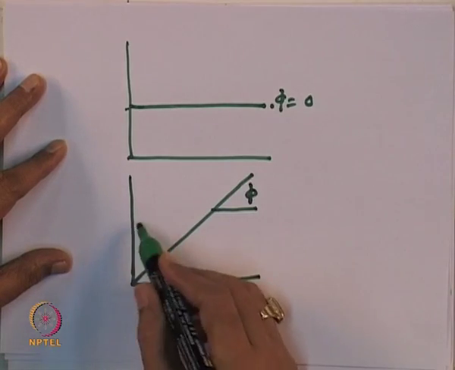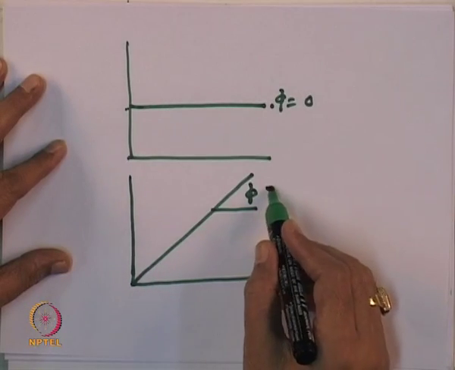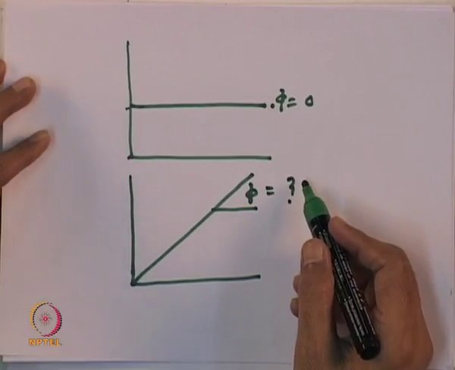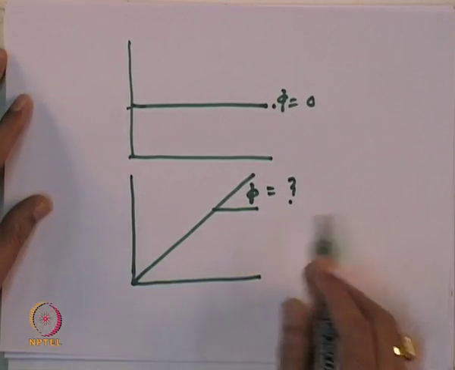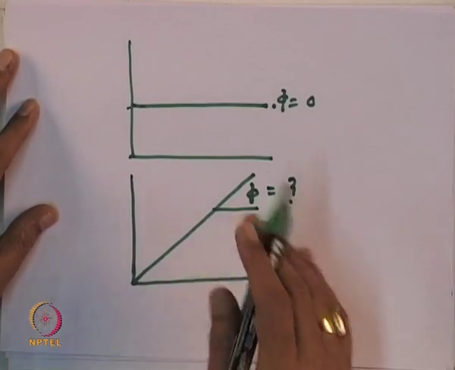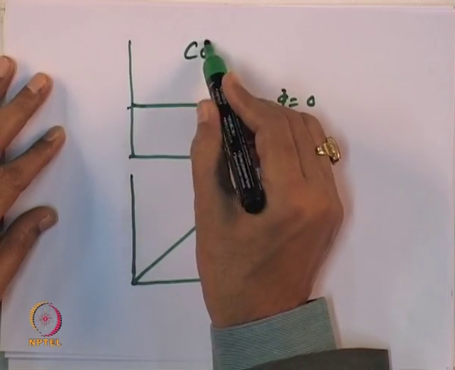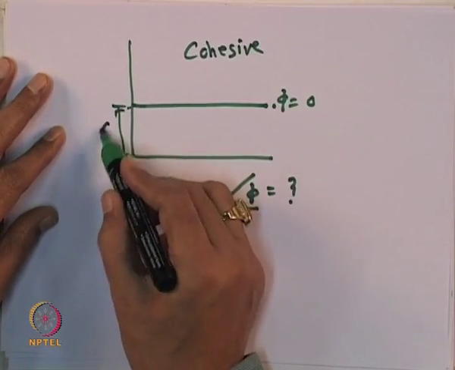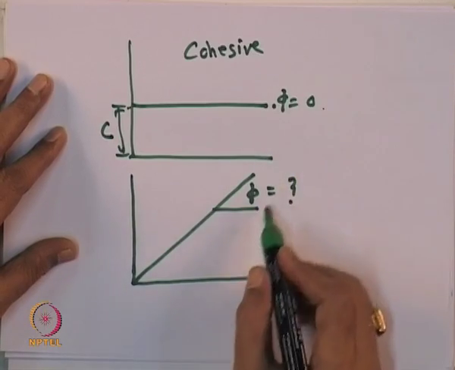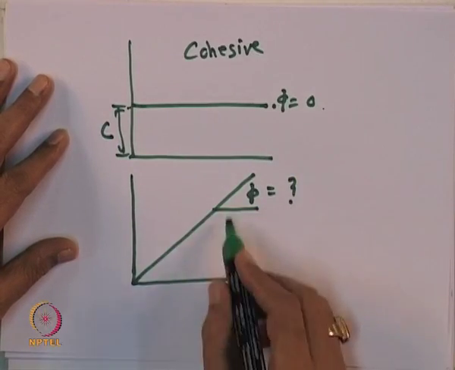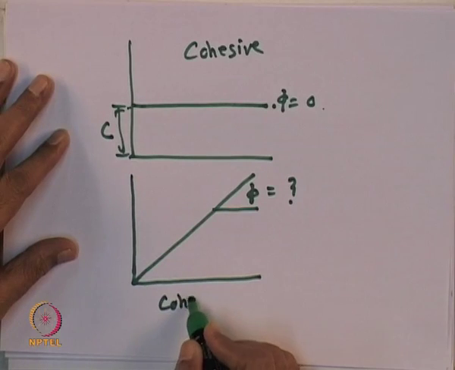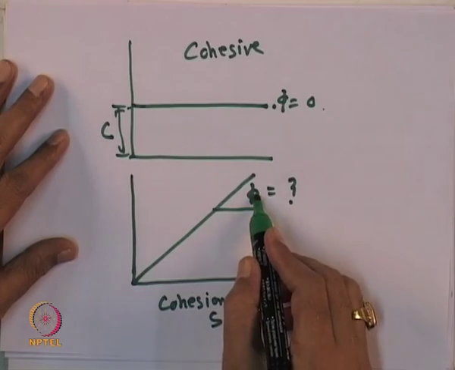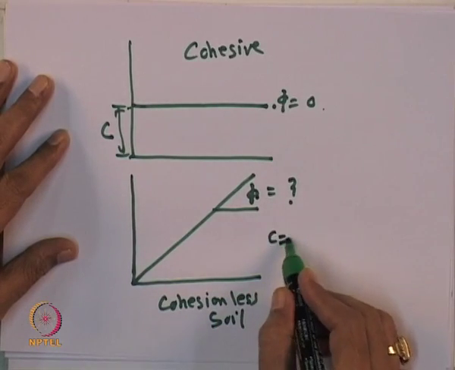There is no C value, no cohesion value, only some pi value, 30 degree, 35 degree, whatever it may be. If it is a cohesive soil, you have the cohesion value C, and pi is 0. If it is a cohesionless soil, you have pi, but C is 0.